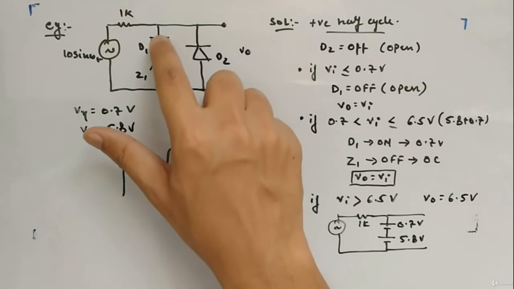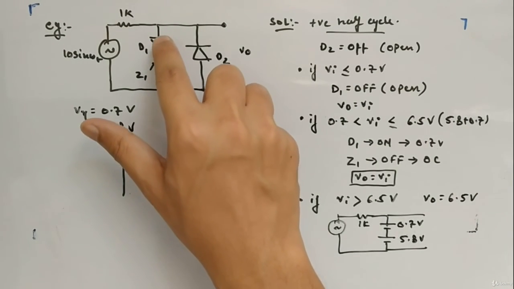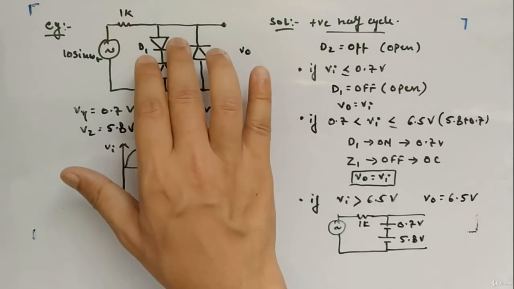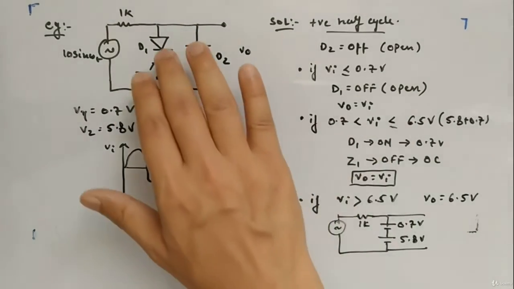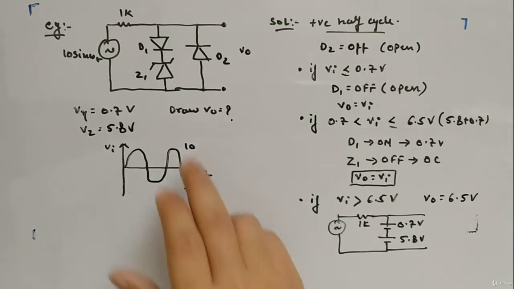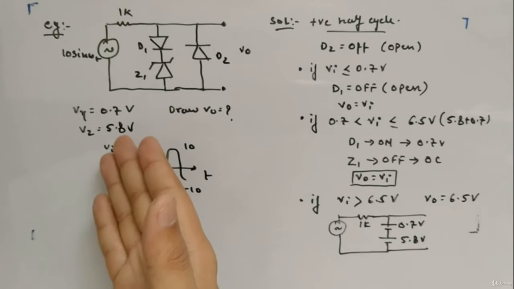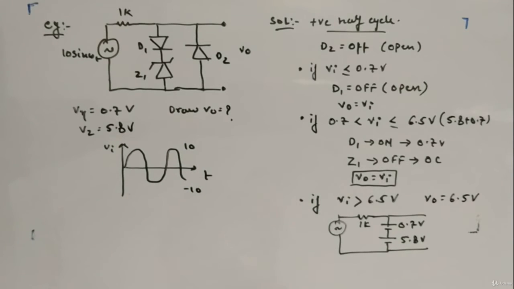So first I checked for this diode, creating a range below the cut-in voltage of this diode and above the cut-in voltage of this diode, which is here. And then we checked for the Zener diode. For the Zener diode, if it is less than 5.8, then what will happen, and if it is above 5.8, then what will happen.